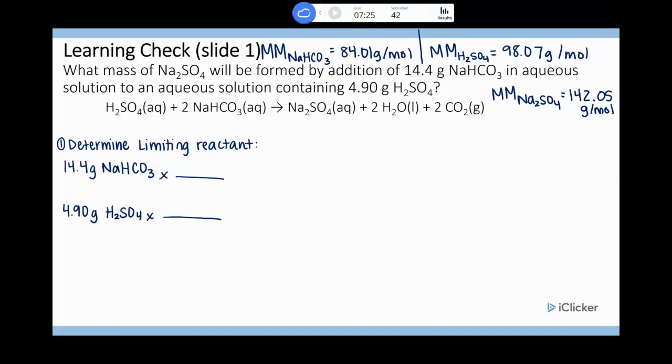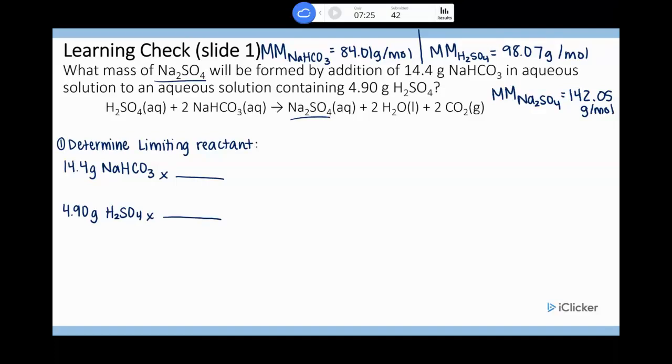Since the question is to determine the mass of sodium sulfate, I'm going to determine the moles of sodium sulfate produced. You could also, by determining the limiting reactant, just calculate how many grams of sodium sulfate is produced with each amount.